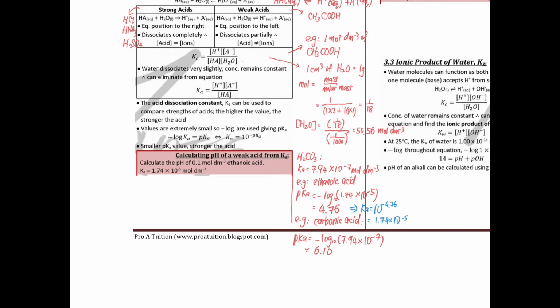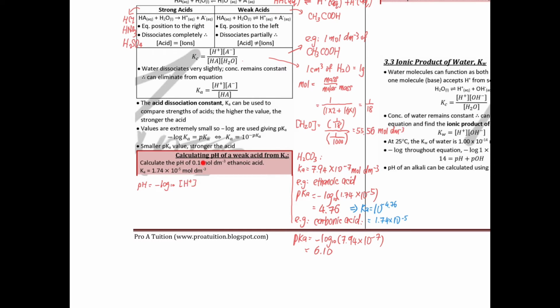So first of all, you may think of pH equal to negative log base 10 concentration of hydrogen ion. But the problem is we are not given this concentration of hydrogen ion.